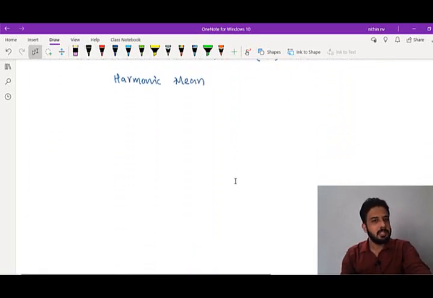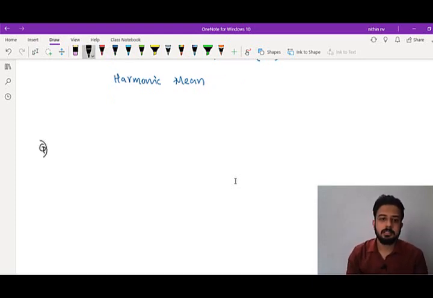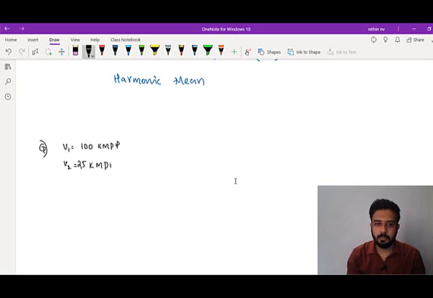Okay, so I'm just giving you an example as a practice question. Let it be, for calculation simplicity, 2 vehicles. The first speed is 100 kilometers per hour. The second speed is 25 kilometers per hour, simply.